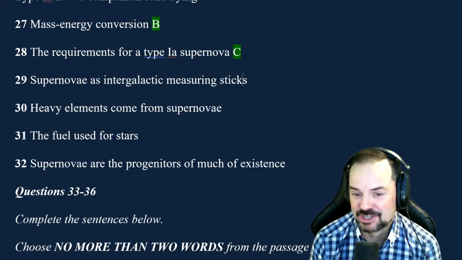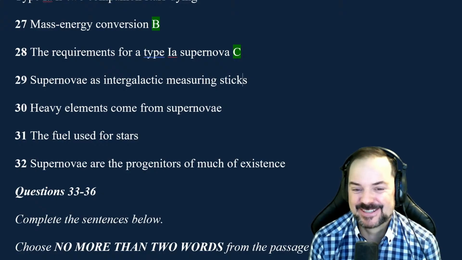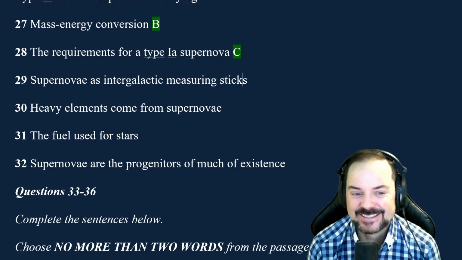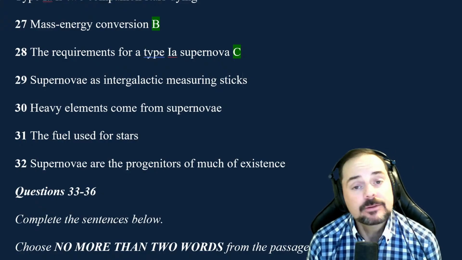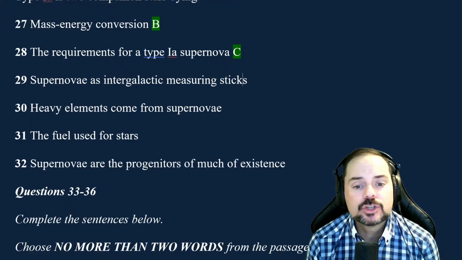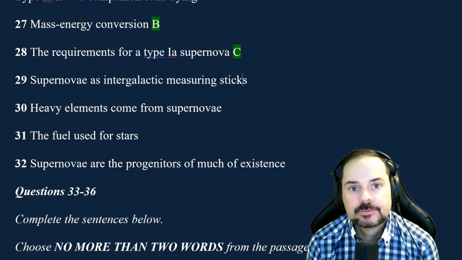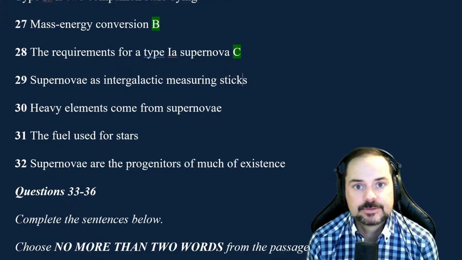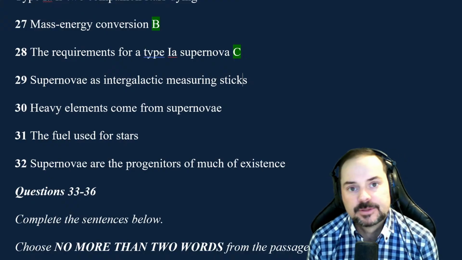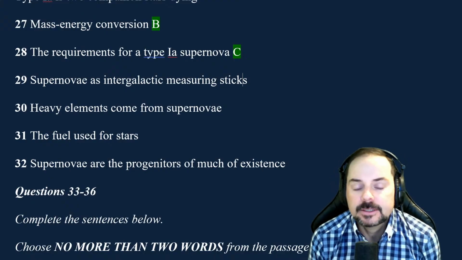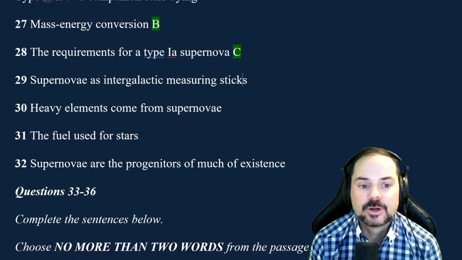Okay, no problem. Logic, right? Where would you put this? So you're the author. You introduced supernovae, why they're important. You talked about the first one, type 2. Then you talked about the second one, type 1A. What do you think? Where would you talk about using it as a measuring stick?